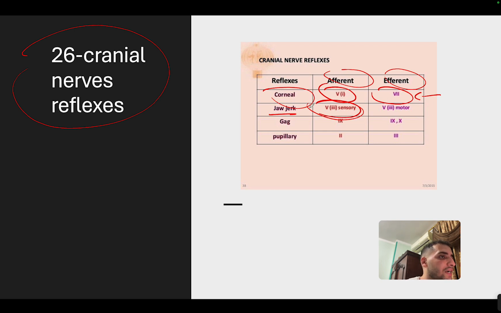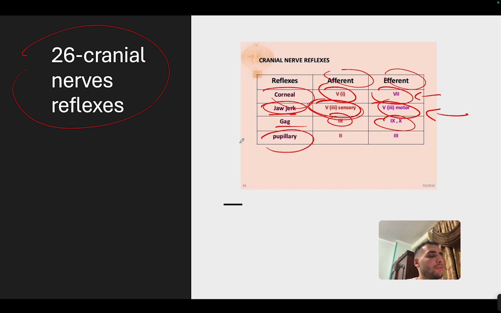So the afferent is 5, the efferent is also 5. This one can be confusing. So the afferent is the same as the efferent, 5 and 5, okay? The jaw reflex. Okay, the gag reflex is 9 and 10. Okay, this is the gag reflex. When you somehow put your finger so you can induce vomiting.